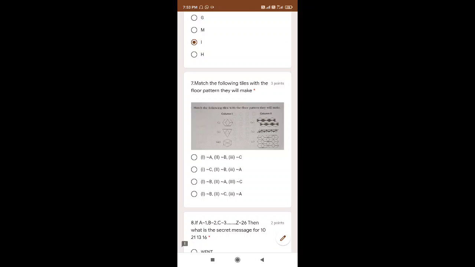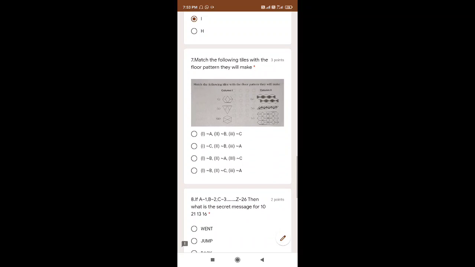Then question number 7, match the following tiles with the floor pattern they will make. In column 1 there are some tiles, and in column 2 there are floor patterns.